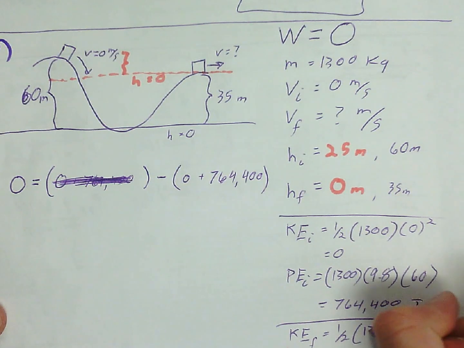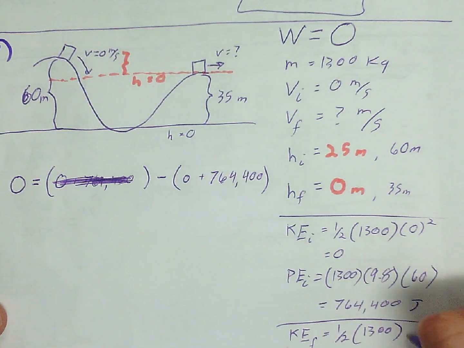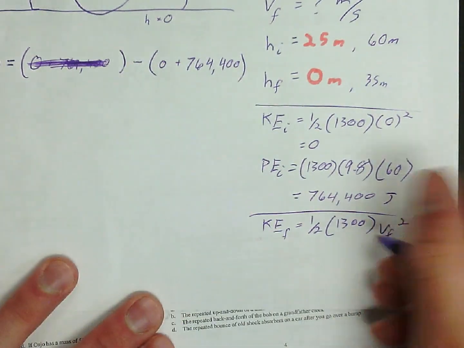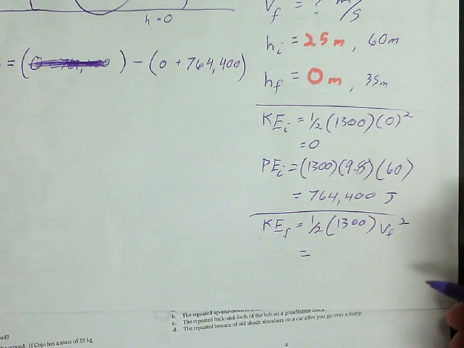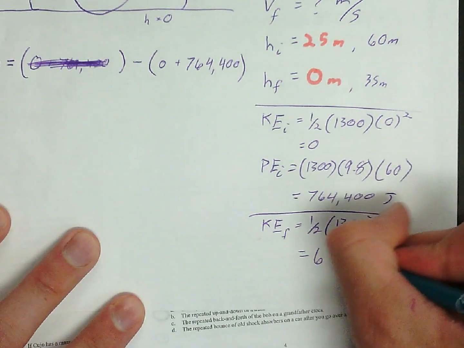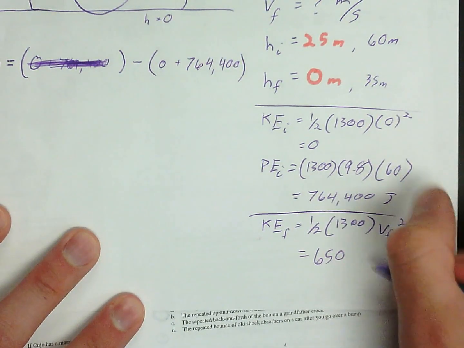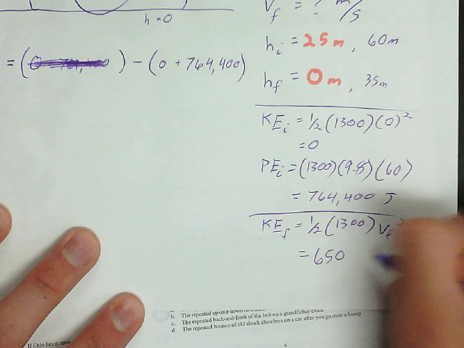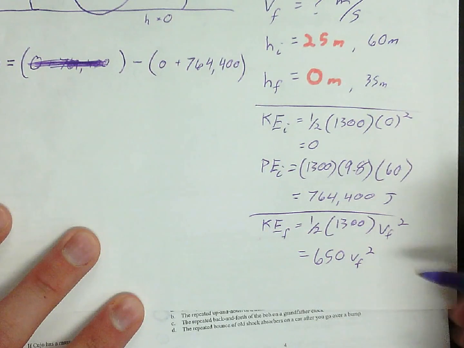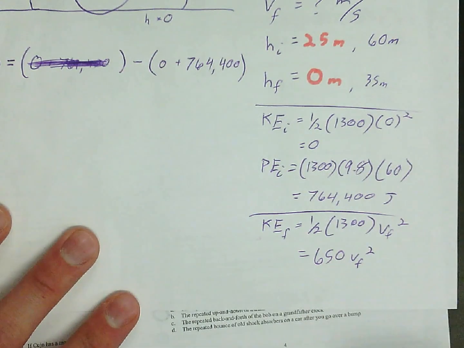One-half mass times final velocity squared. I don't know what it is, so I just leave it as VF. Half of 1,300 is what? 650. So we get 650 VF squared. Okay, can't do anything else with that.